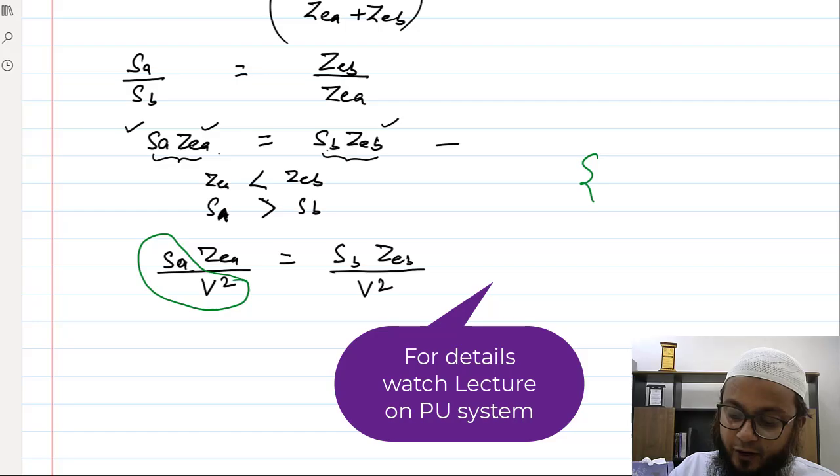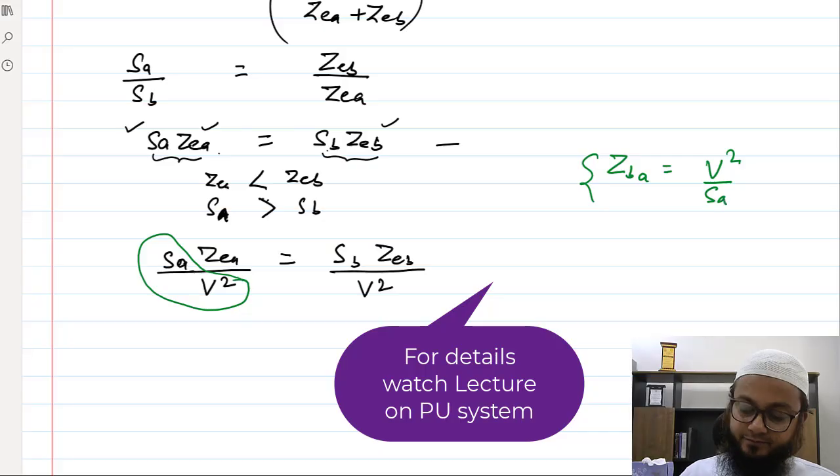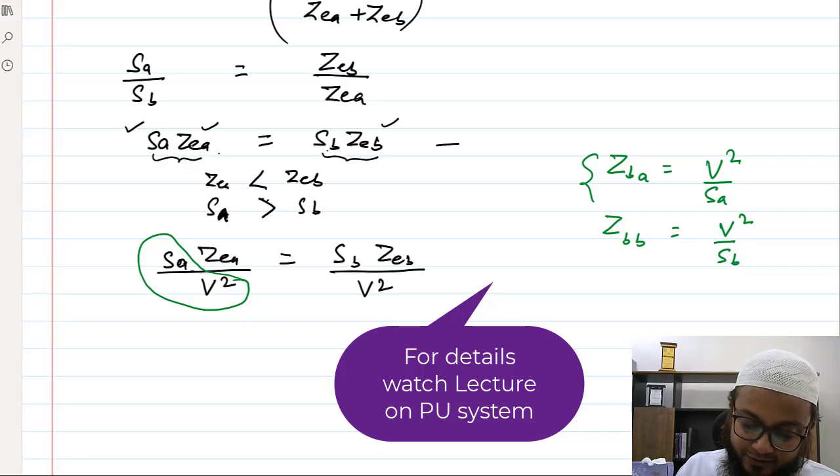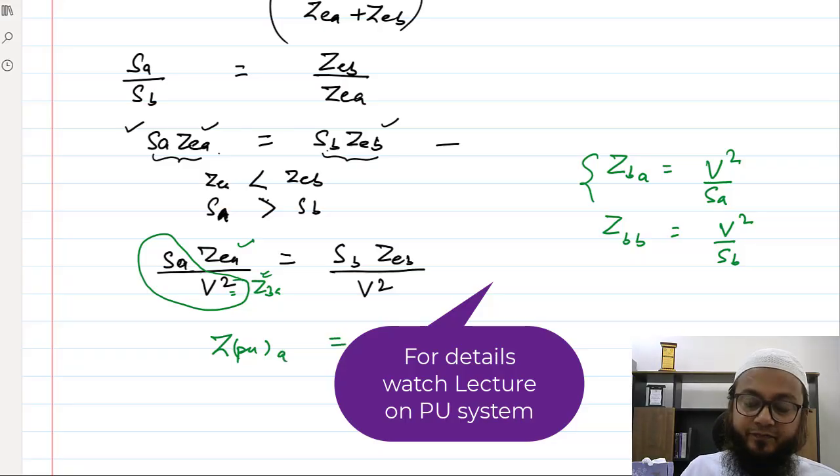If you want to write the Z base of transformer A, that would be V square upon SA, and the Z base of transformer B would be V square upon SB, right? And so this is actually equal to Z base A. So Z actual upon Z base A would be the per unit impedance of transformer A in its own base.